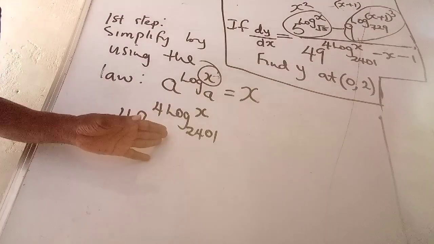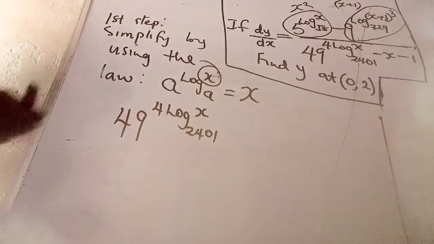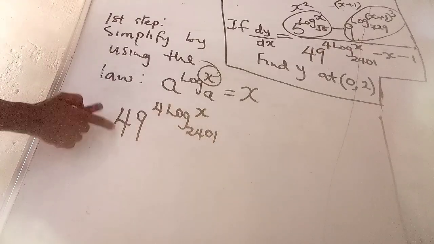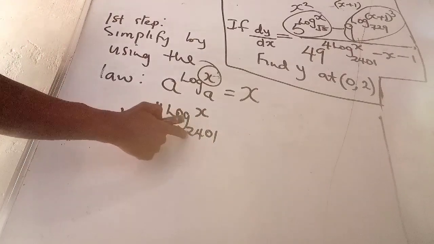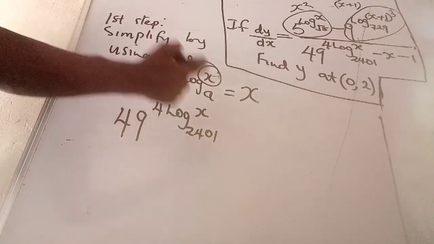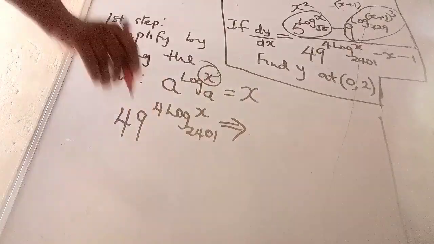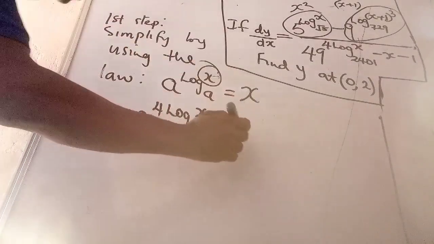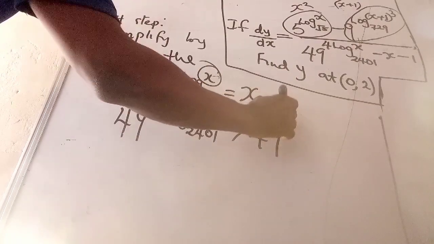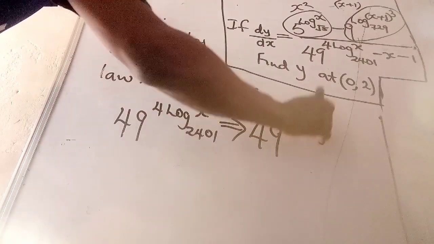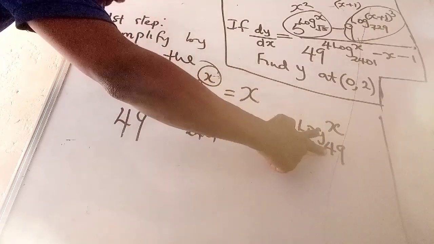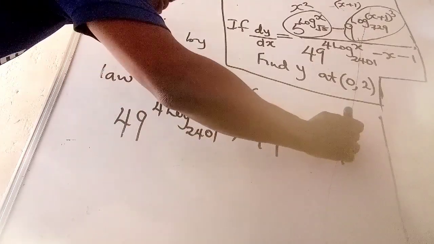To simplify this one, we change 2401 to base 49, and 2401 is 49 raised to power 2. So this one will now become 49 raised to power 4 log x base 49 raised to power 2.